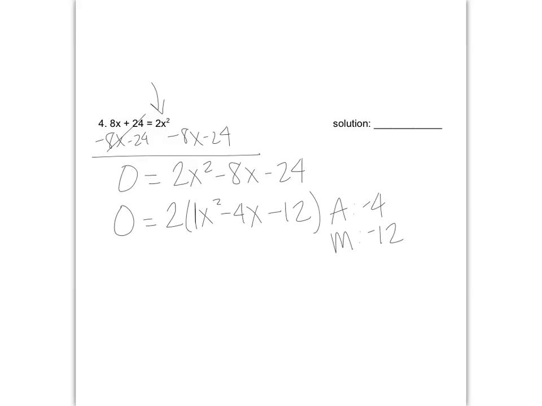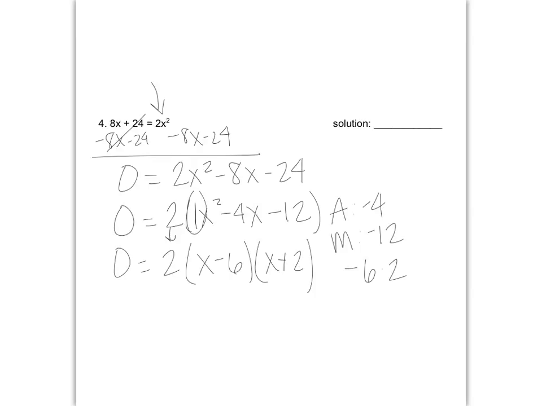Okay, so then we're going to figure out what adds to negative 4, multiplies to negative 12. So that would be negative 6, positive 2. So we have 0 equals, bring down your GCF. That would be x minus 6, x plus 2.